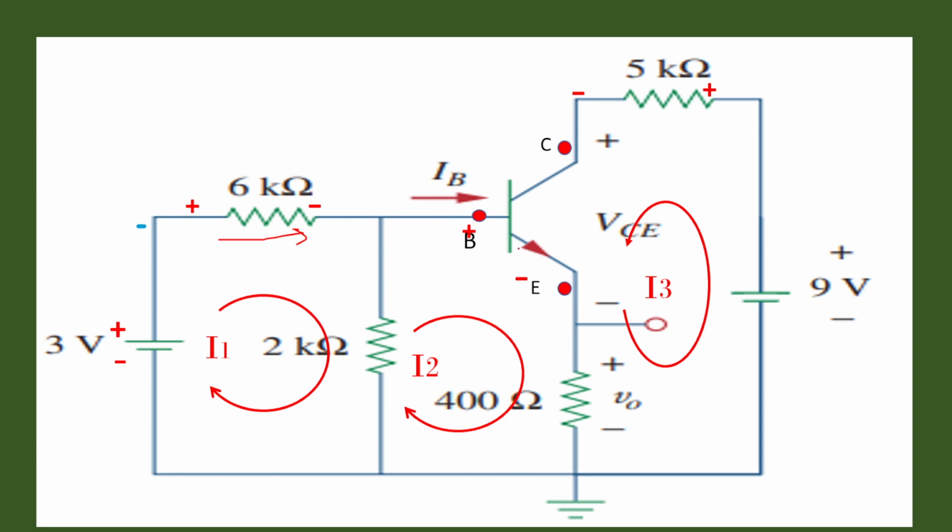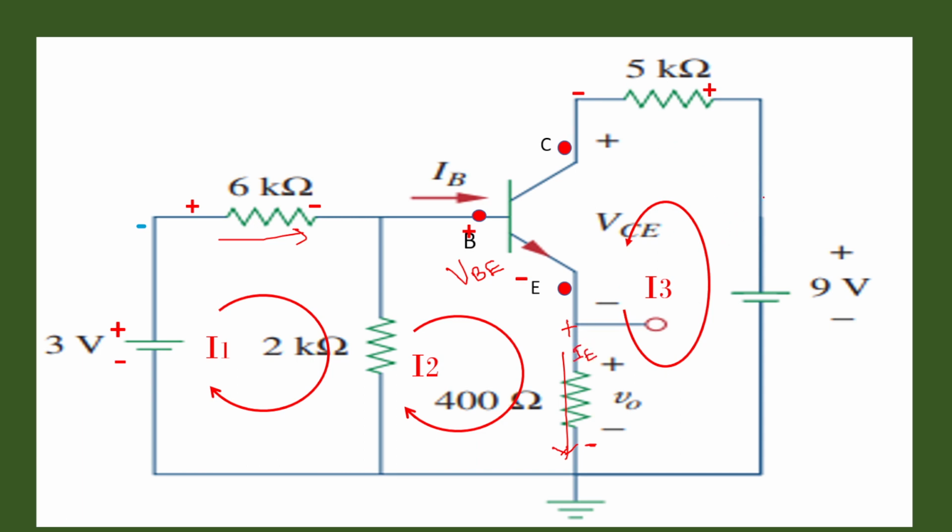Then between the base and emitter, we have the potential VBE. Always this is plus and this is minus for VBE. Whenever the emitter current is flowing in this direction, this takes the positive polarity and this takes the negative polarity, through which the IE current is flowing.